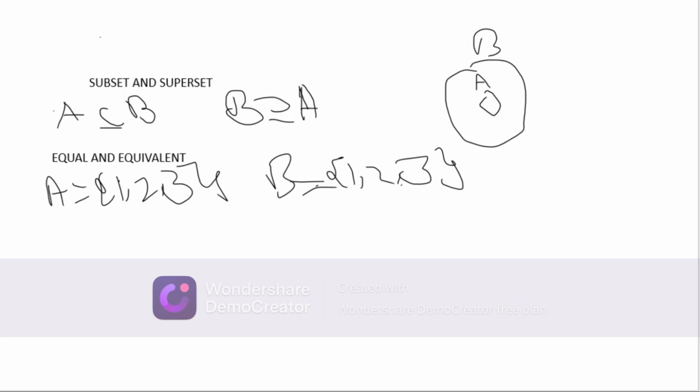So these sets are equal. This is what we call the sets are equal, because they contain the same elements and also the number of elements.